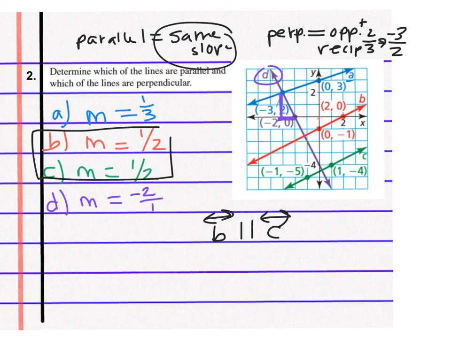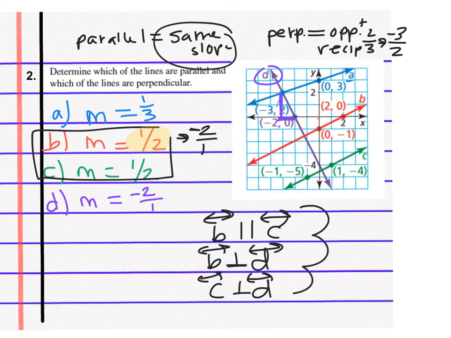For perpendicular, negative or opposite reciprocals, that would be something like 1/2, and if I flip the fraction and make it negative, that would be negative 2 over 1. So line B is perpendicular to line D. And line C, since it has the same slope, is also perpendicular to line D. So here's my answer.